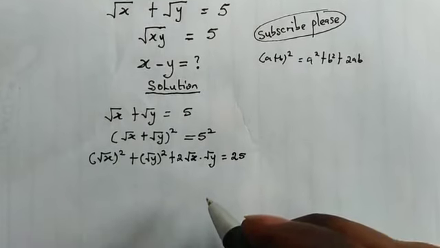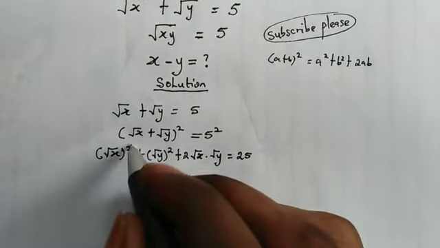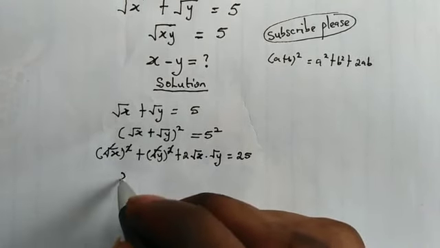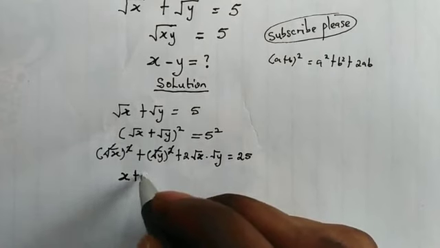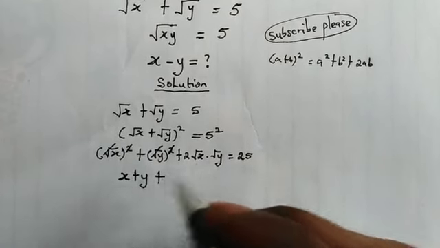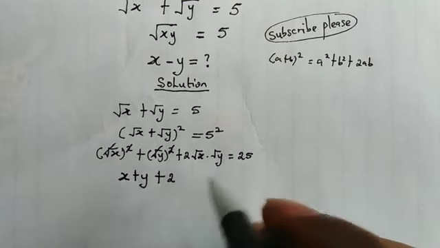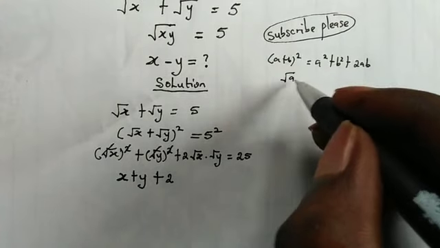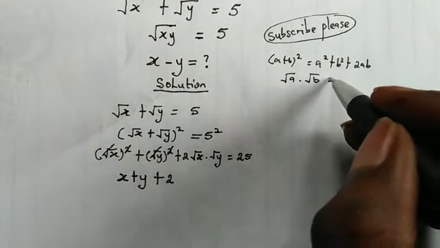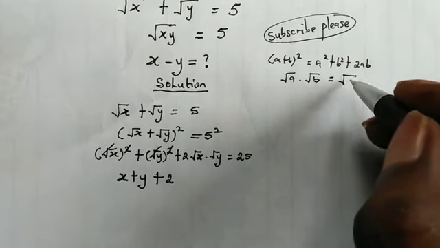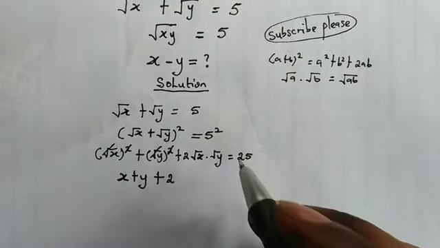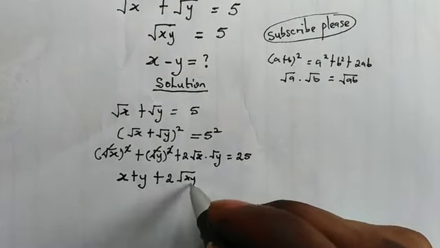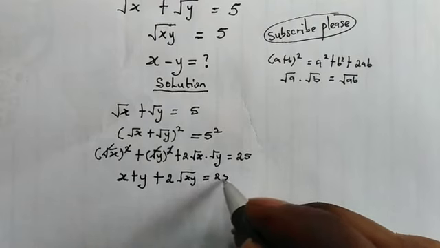We all know the square and square root cancel out, so here we have x plus y, then plus 2 times. Recall this property: the square root of a times the square root of b is equal to the square root of a times b. So we have the square root of x times y, and this is equal to 25.